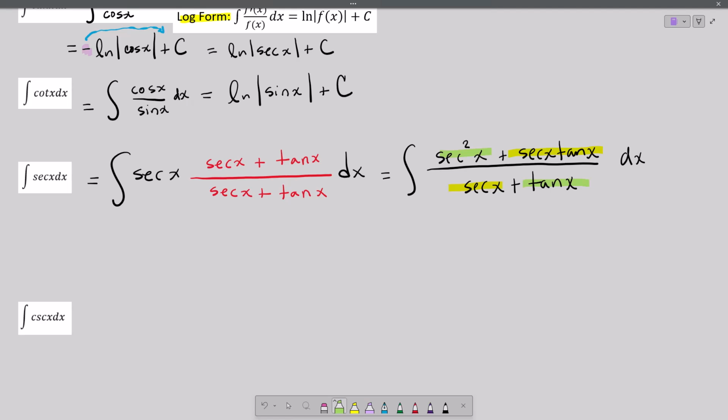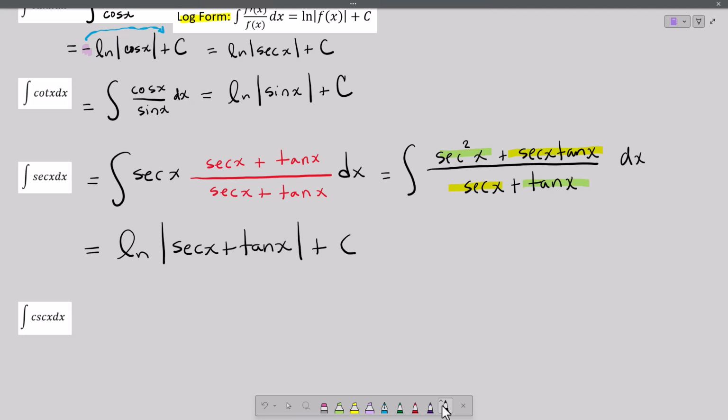And if it's in log form, like we have been doing all day long, natural log absolute value of the denominator. So that's how we get an antiderivative for secant. We put it in log form by multiplying by that form of 1.